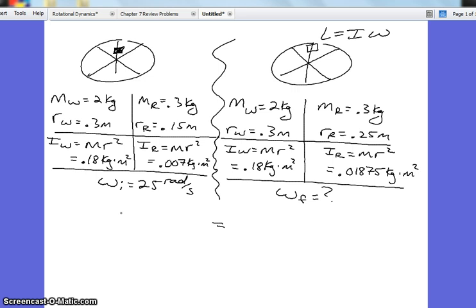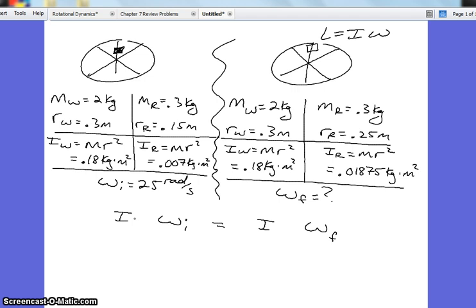So we have moment of inertia times initial angular velocity in the beginning is equal to moment of inertia times the final angular velocity. Now this moment of inertia, because the objects are connected, is simply the total of these two values that we calculated. So in this problem, we need the total moment of inertia.